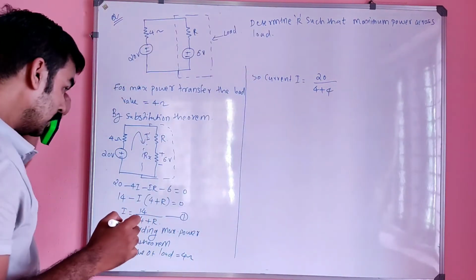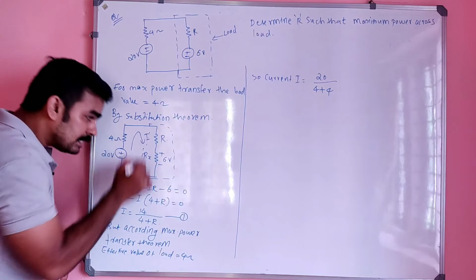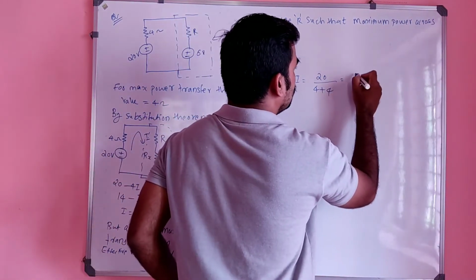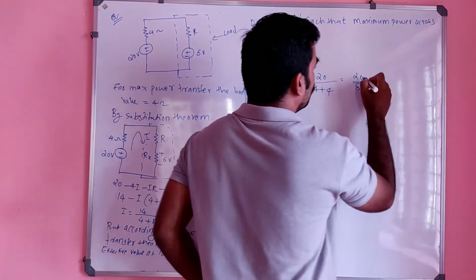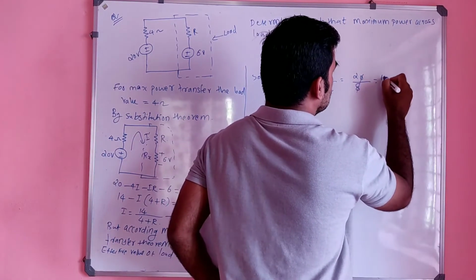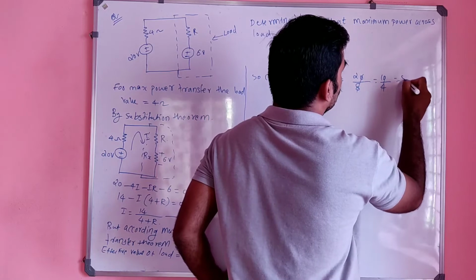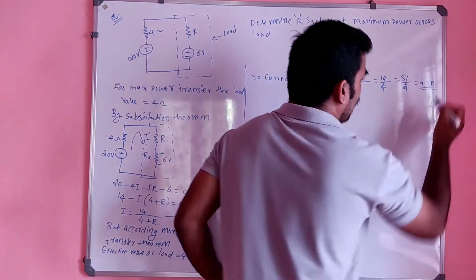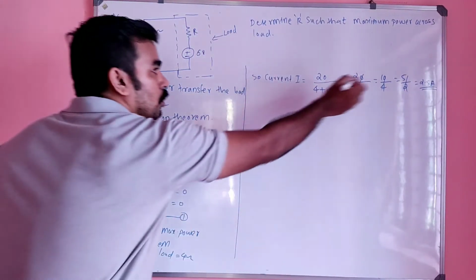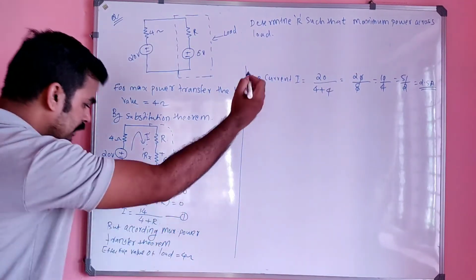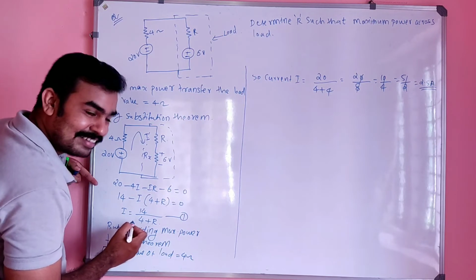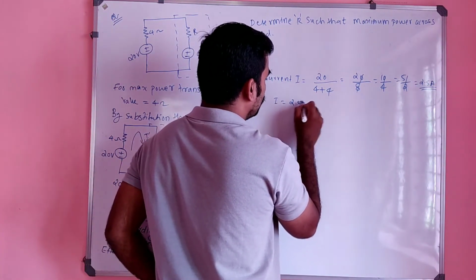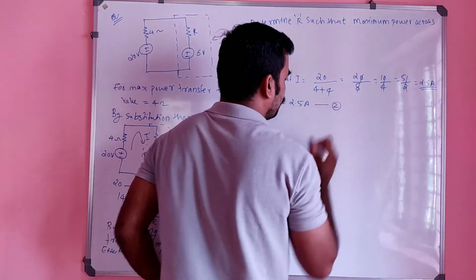Is it correct? 20 divided by 4 plus the effective value of this will be also what? 4, which is nothing but 20 divided by 8, or which is nothing but, what is beta? 10 by 4 or 5 by 2 or 2.5. 2.5 ampere, right? So I, you got what? 2.5 ampere. Substitute the value of I in this equation. So this I will be equal to 2.5 ampere.